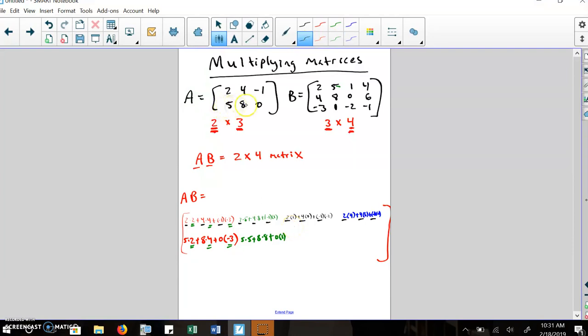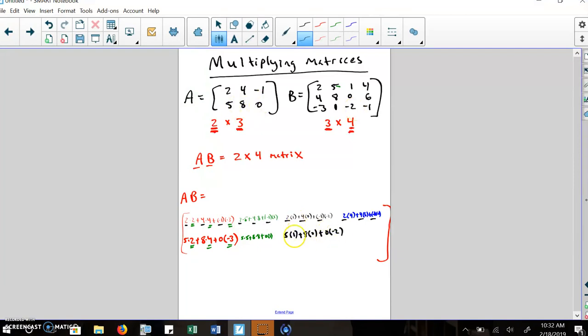Next one, we're going to go second row times third column, so we're going to have 5 times 1, plus 8 times 0, plus 0 times negative 2.